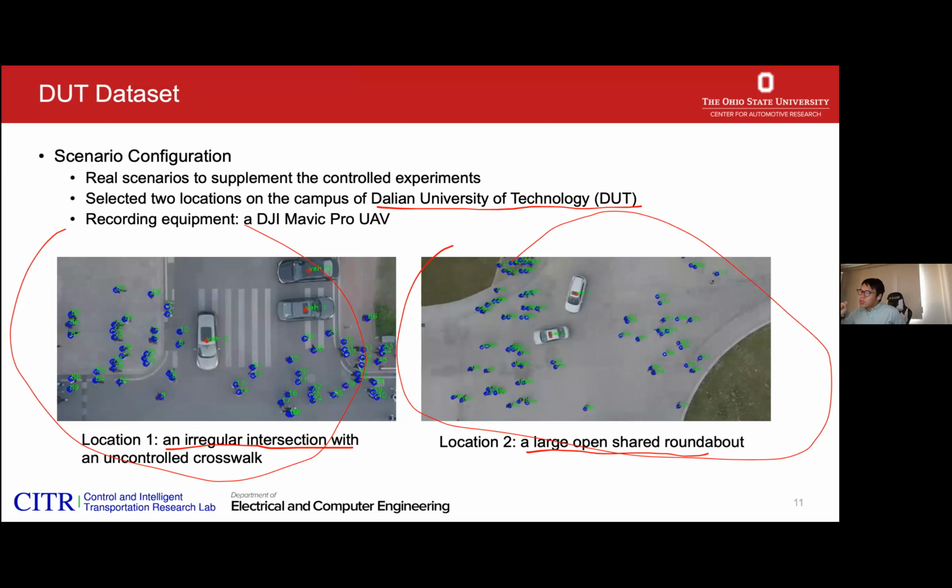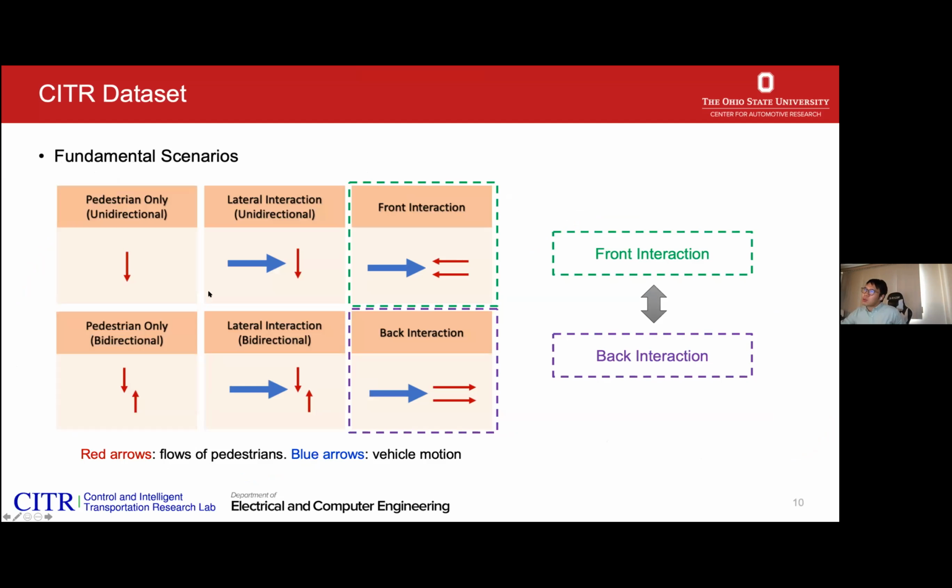And if you directly start with the extremely complex scenarios, it might be challenging. So that's why we would like to propose another controlled experiment dataset, so that it can help the basic studies, as a preliminary study or a first stage study for the vehicle pedestrian interaction.